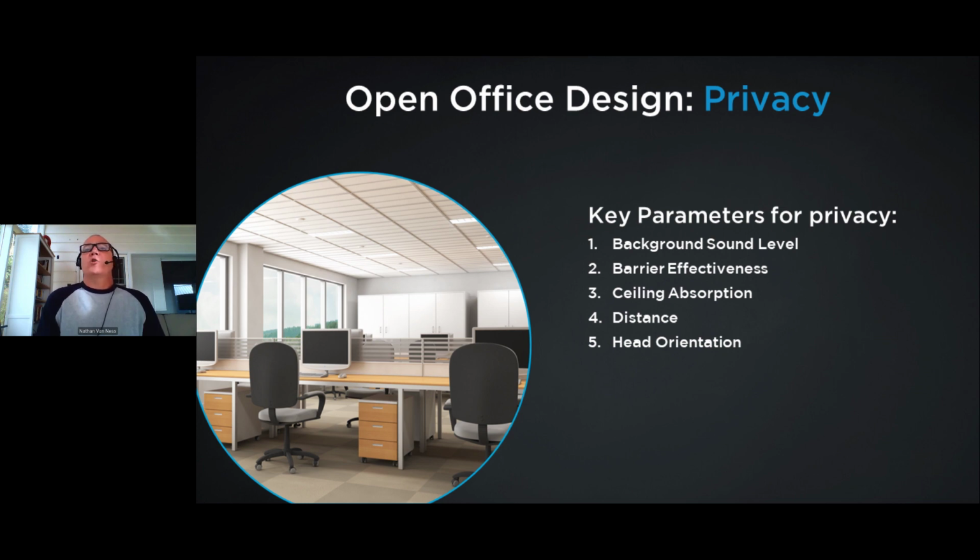The following prioritized list gives the designer the primary variables that affect speech privacy levels in an open office design. Background sound level is listed first here because it has the greatest effect on speech privacy.